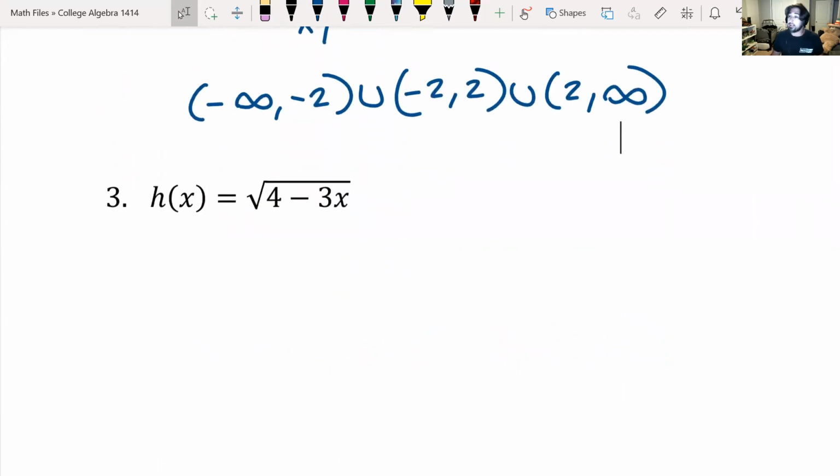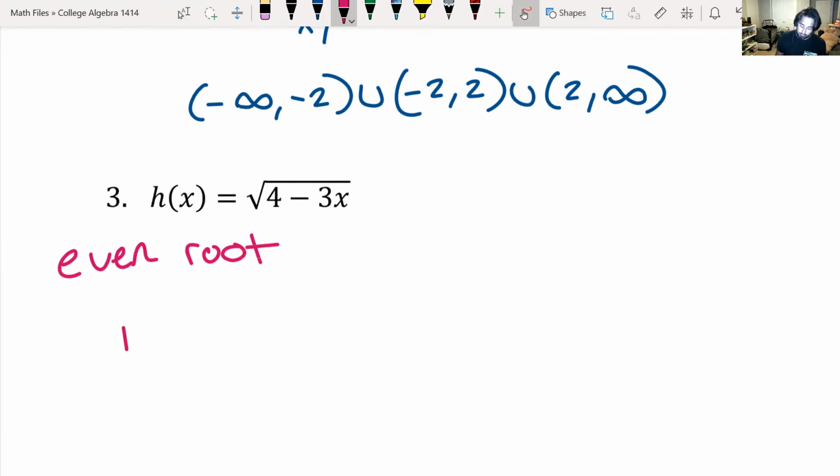Okay, next is something we've seen before. This is the square root function, or we can say this is an even root function.